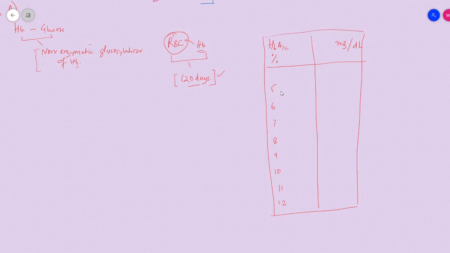So if it's 5, then it is 97 milligram per deciliter for 120 days is what we can infer, and so on and so forth.